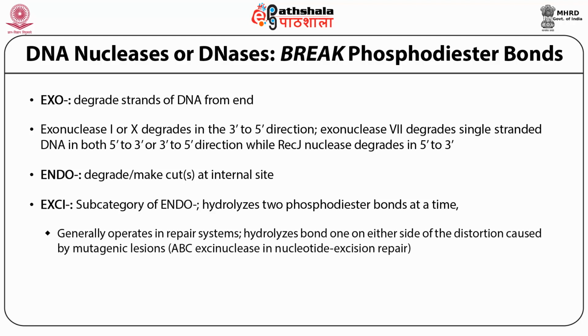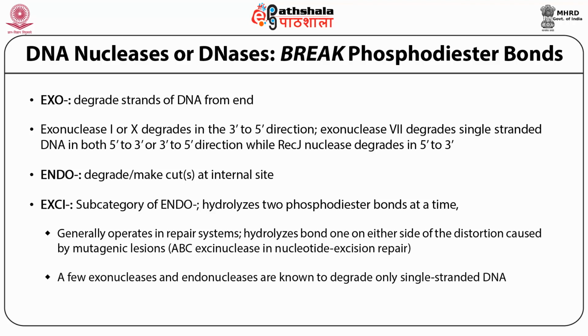They generally operate in repair systems. They hydrolyze a bond on either side of the distortion caused by mutagenic lesions, for example, ABC excinuclease that works in nucleotide excision repair. A few exonucleases and endonucleases are also known that degrade only single-stranded DNA.